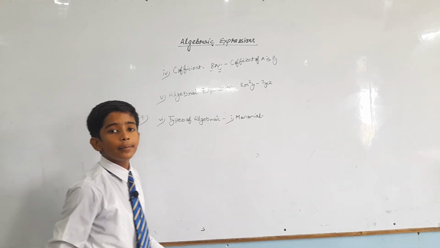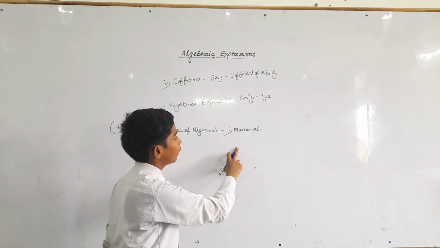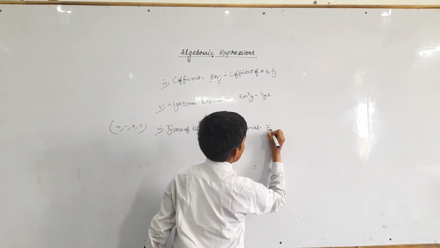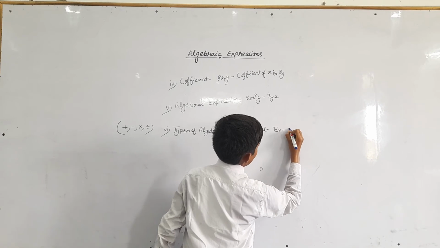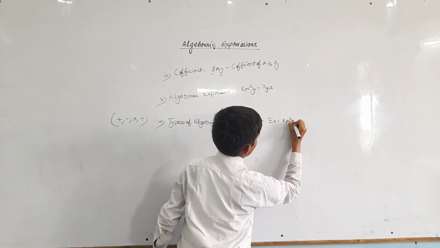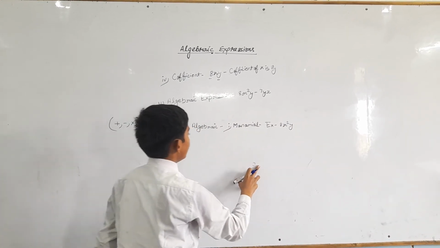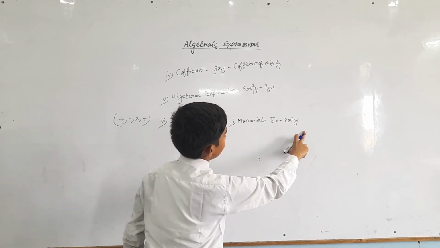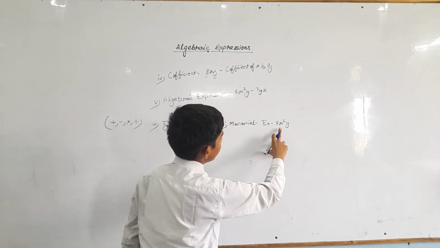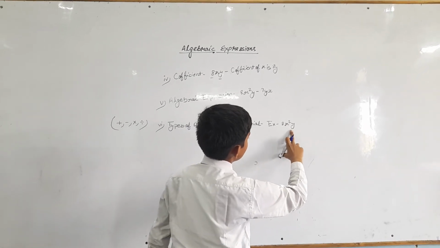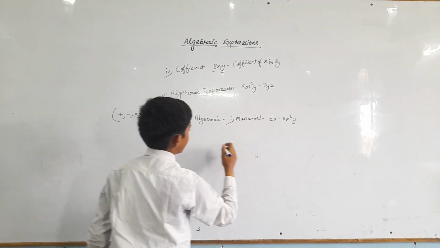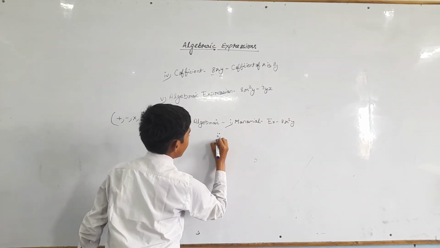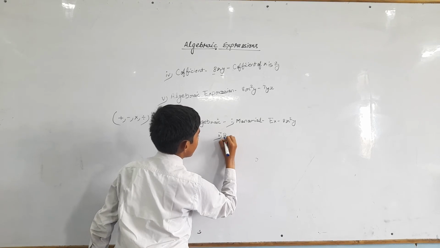When an algebraic expression has one term, it is called a monomial. Example: 8x square y. Here we see that there is no fundamental sign that can separate the terms. Here is one term.